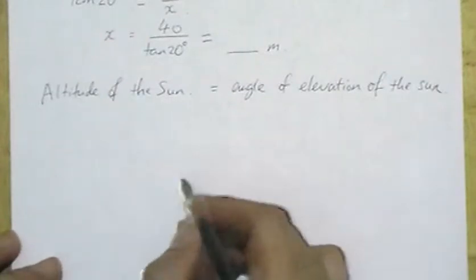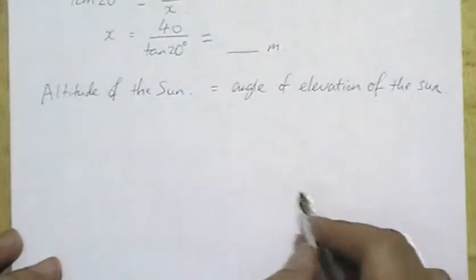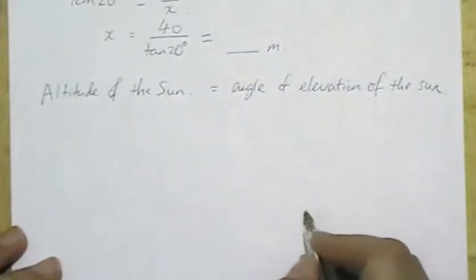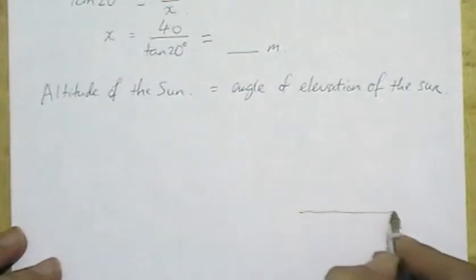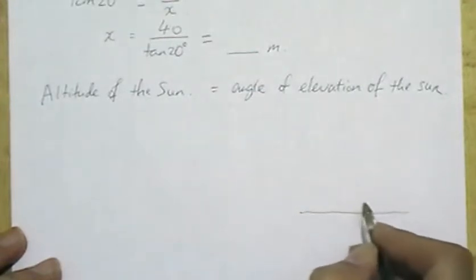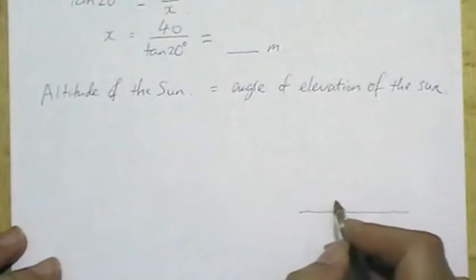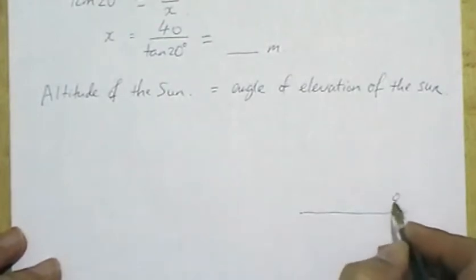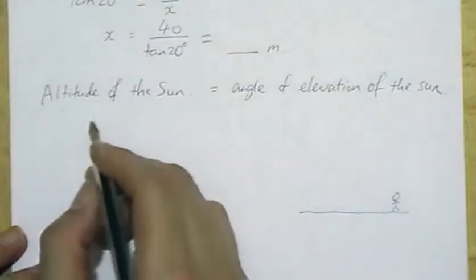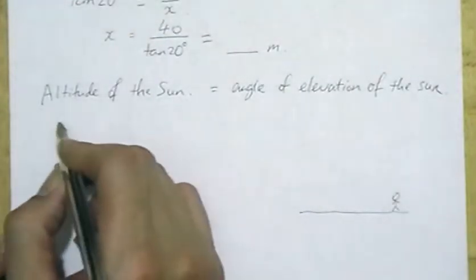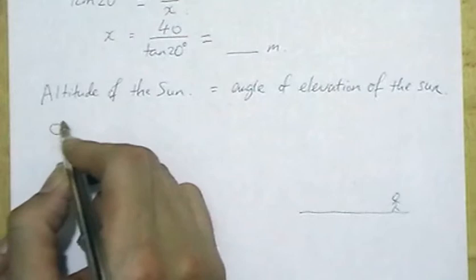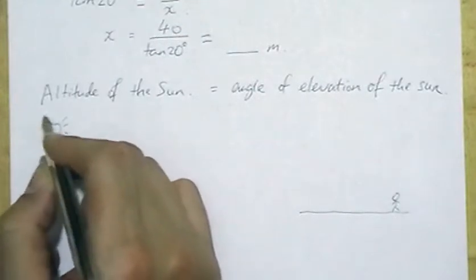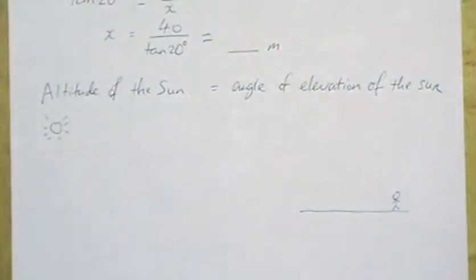So let me think of an example. Suppose that that's the ground on Earth, and that's a person there, and we have the sun high up, very far away.